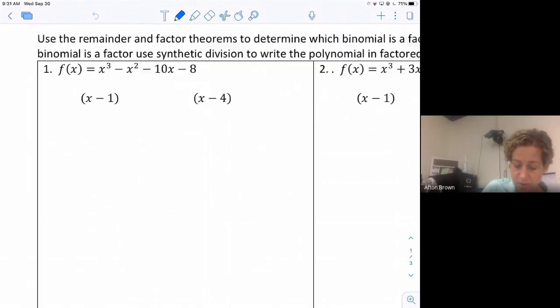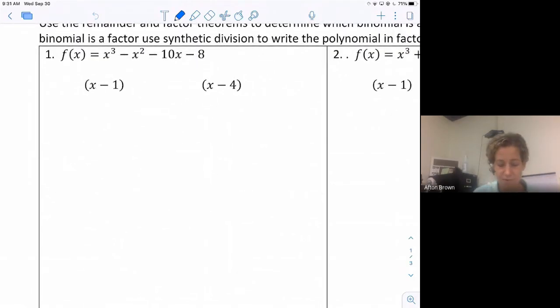Okay, so let's look at number 1. The first question you ask yourself once you're given your factor is the 0. I'm going to go with Natalie. What x value makes x minus 1 equal 0? What x value do I call the 0?